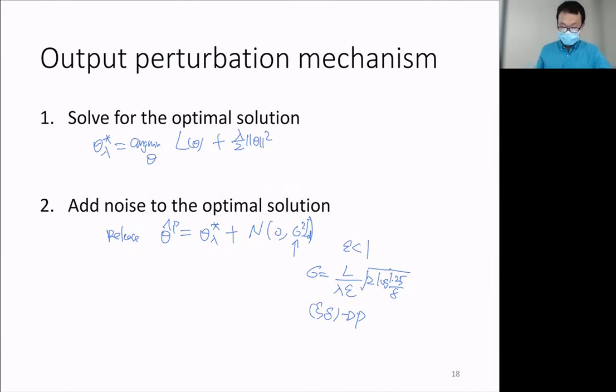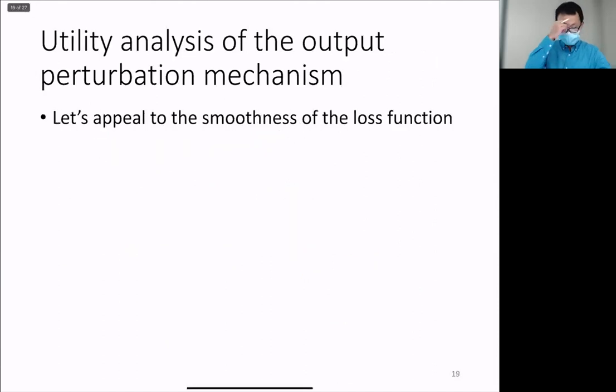I'll start slowly to talk about the utility analysis of this output perturbation mechanism. There are two parts of this utility analysis. The first thing that we did was to modify the problem from an unregularized version into a regularized version of the problem, right?